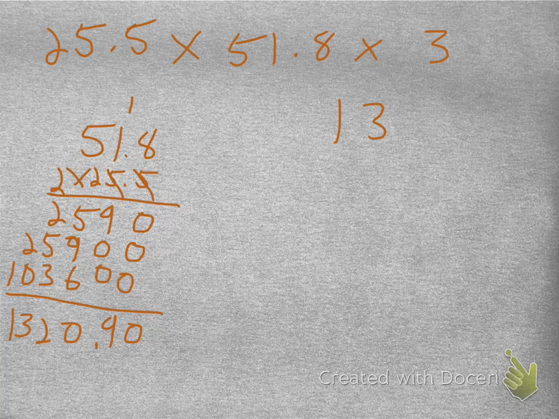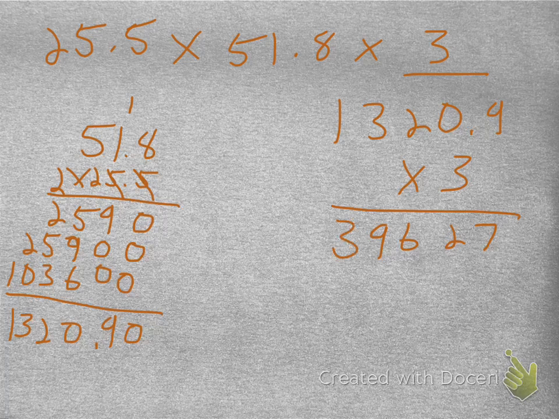So 1,320.9 times 3. 3,962.7. So my answer is B. Alright, so that's just a matter of multiplying those three numbers.